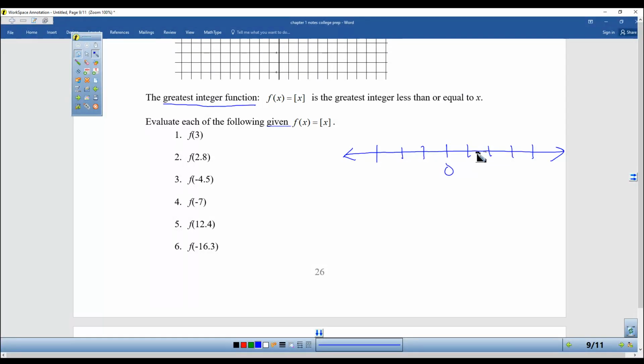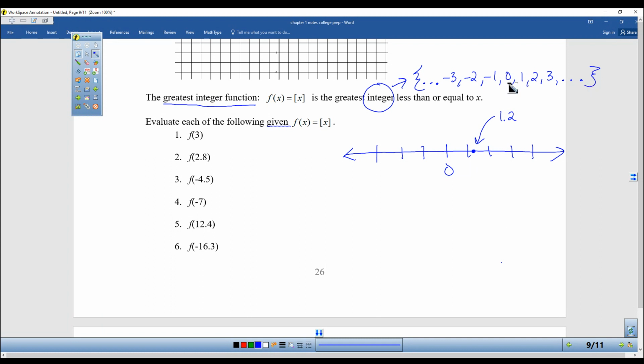So I'm traveling along the number line and I get right there, 1.2. What is the greatest integer? Oh, I guess you need to know what an integer is. In case you don't know what an integer is, it's the set of whole numbers and their opposites. So these are integers.